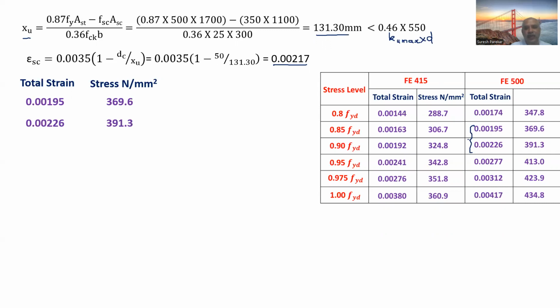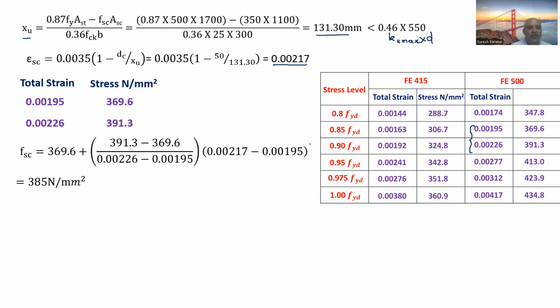So you have 0.00195, 369.6, and 391.3 for 0.00226. So we have 369.6 plus (391.3 minus 369.6) times the ratio of these values. And from this we get FSC as 385 Newton per mm square. So first we assumed 350 and actually we got this value 385.